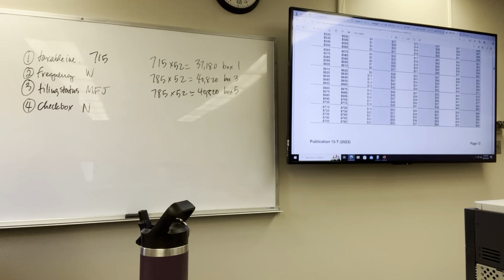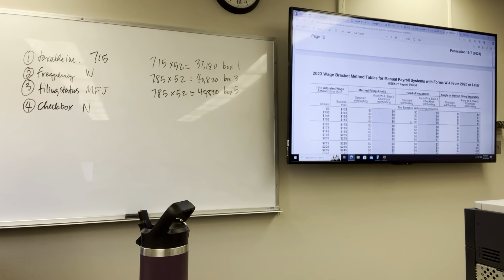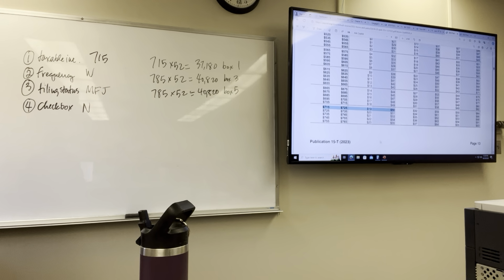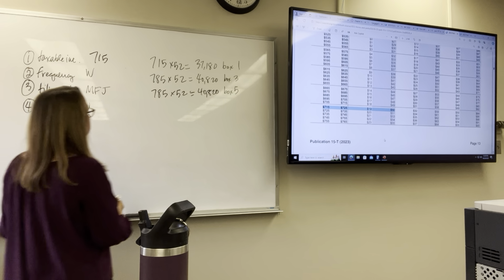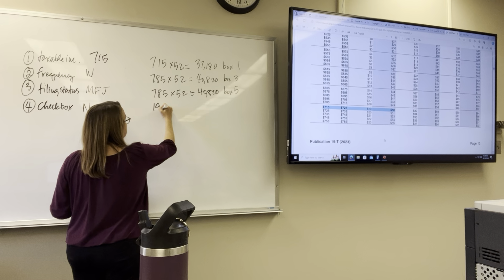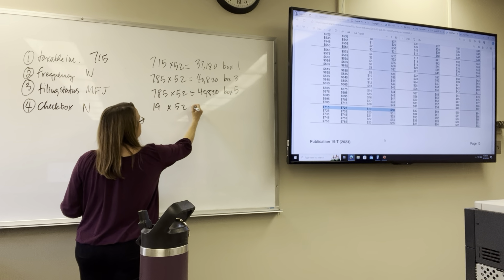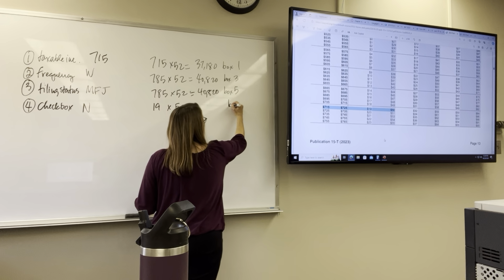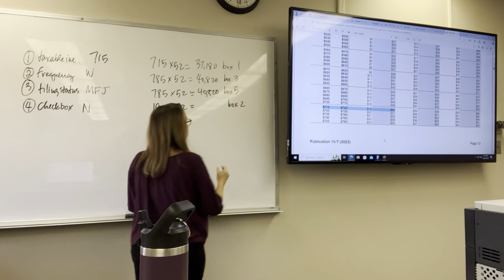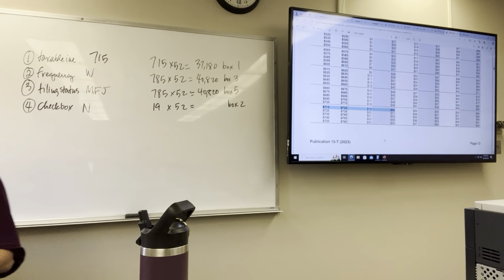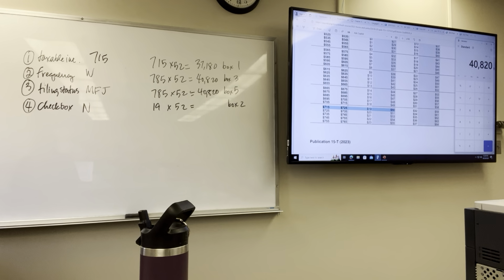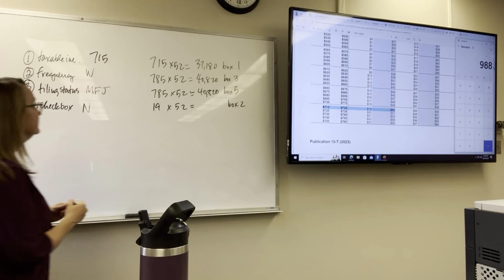Again, that's right on the line, so we're going to use the second one. Married filing jointly, I think, is the first one. So standard withholding, so $19 times 52, and this is our box 2 that we're calculating. $988.